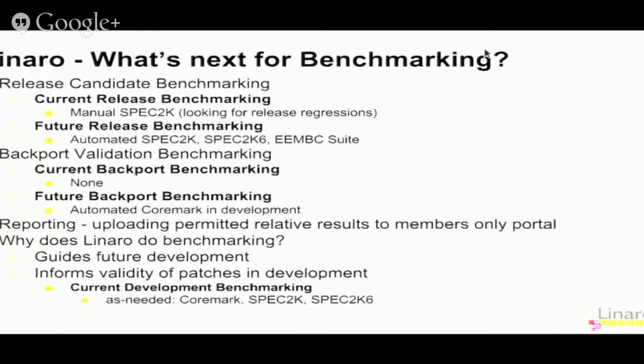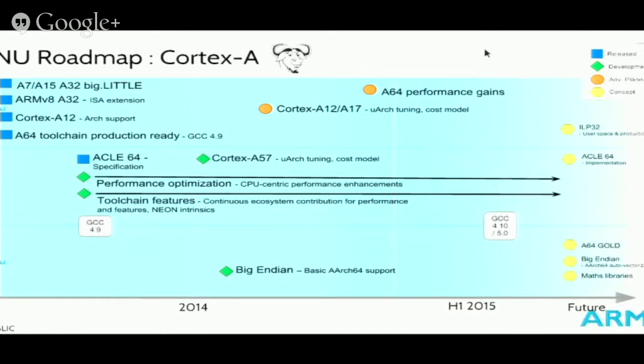Benchmarking, I won't go through that either. This is just supporting one of those first objectives that I discussed. This is some information on what we're doing now and what we're going to be doing in the near future. And then I'll pass the mic to Matthew. Cool. This is the ARM standard roadmap.